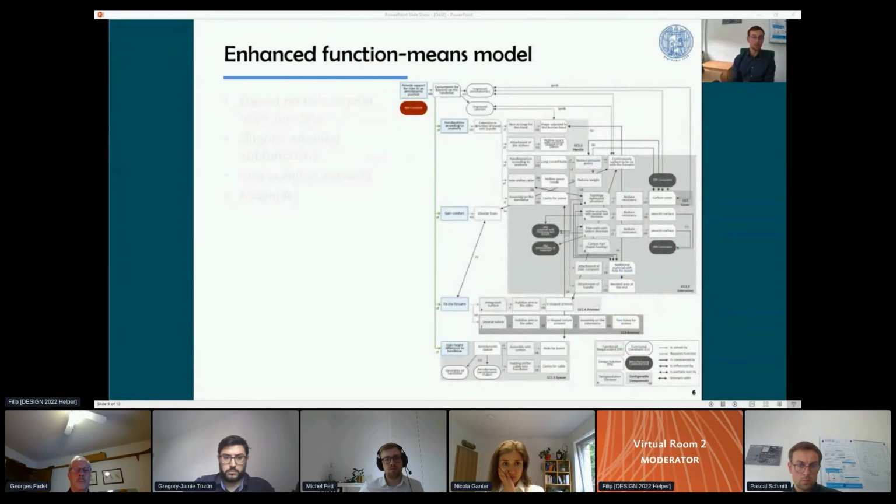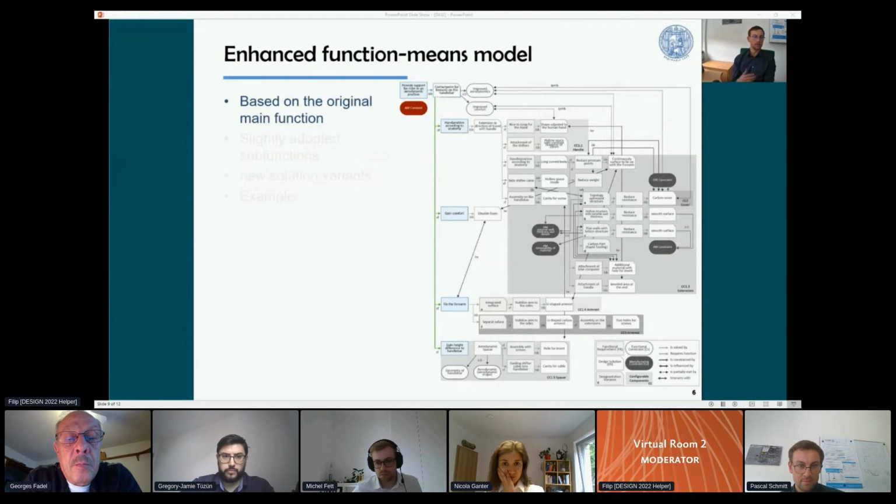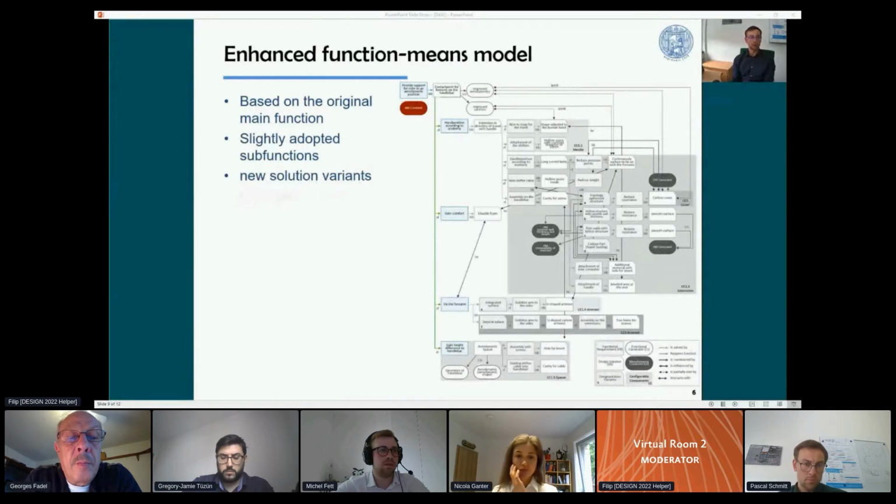Taking a closer look at this model, you see the main function on the top right, and the new model is still based on the same main function, but the sub-functions are adapted slightly. New design solution variants are now integrated into this model, and I will give a short example because of the limited time here.